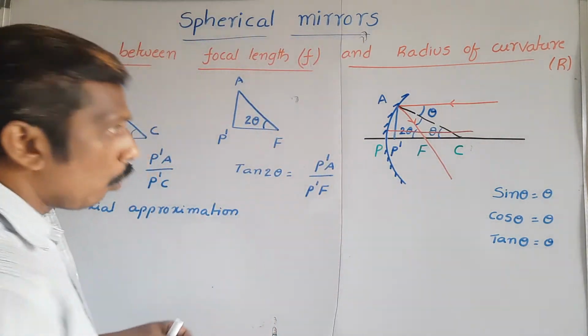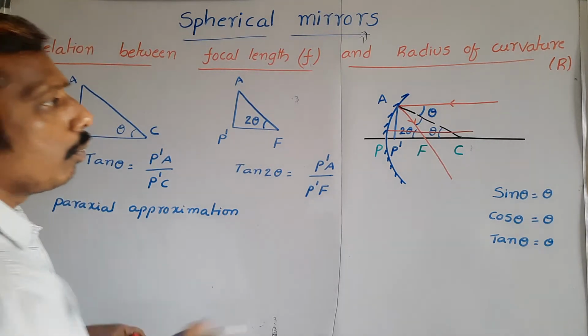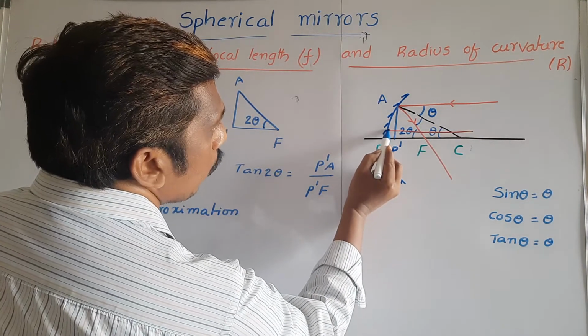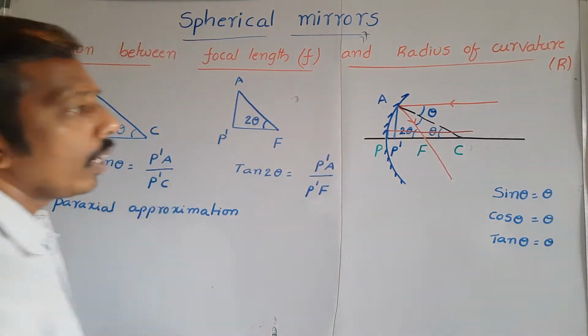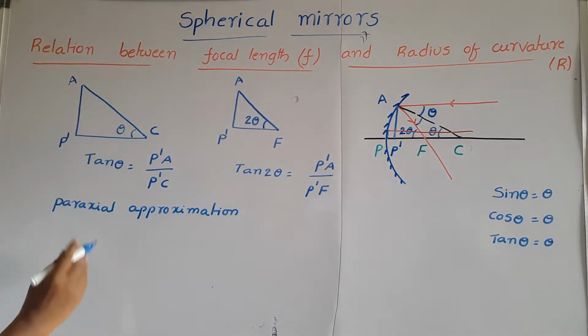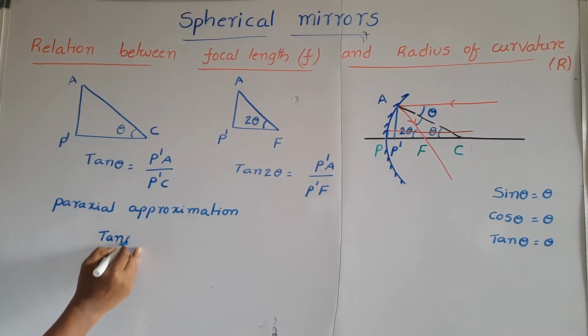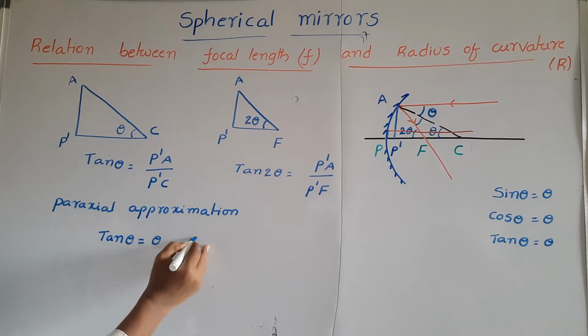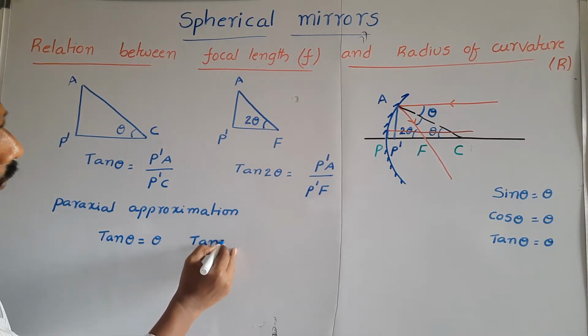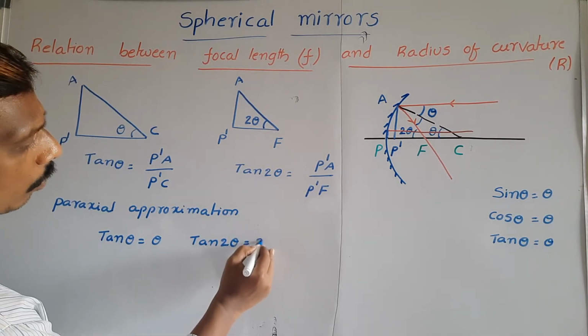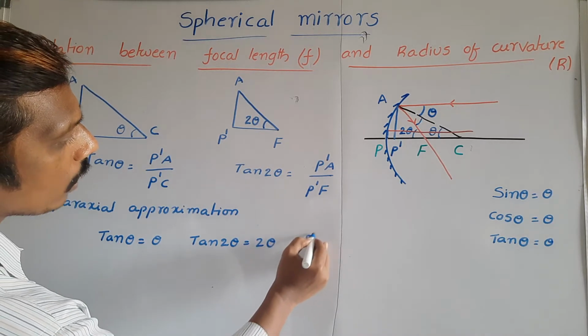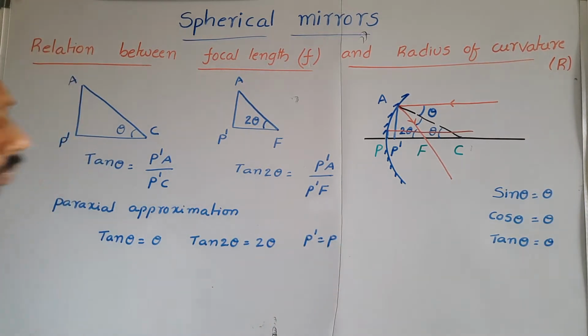If you draw one perpendicular line from the point of incidence to the principal axis, it almost coincides with P. So for the paraxial approximation, we take tan theta equal to theta, tan 2 theta equal to 2 theta, and similarly P dash coincides with P.